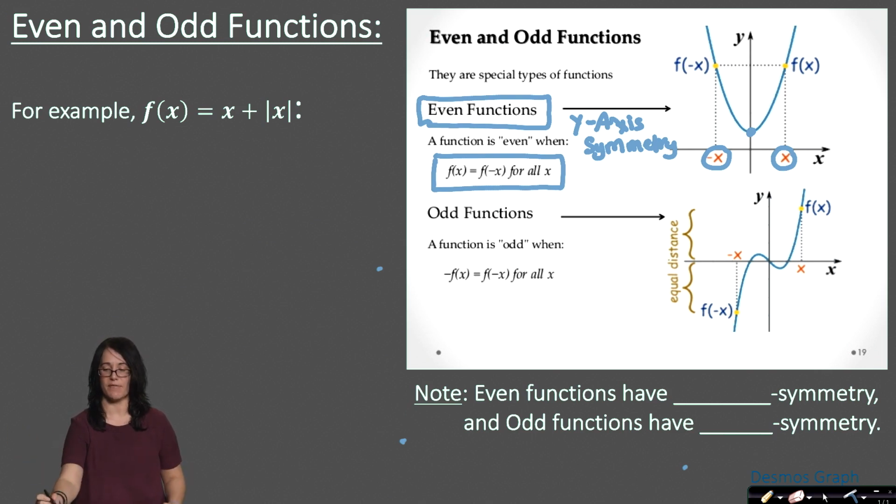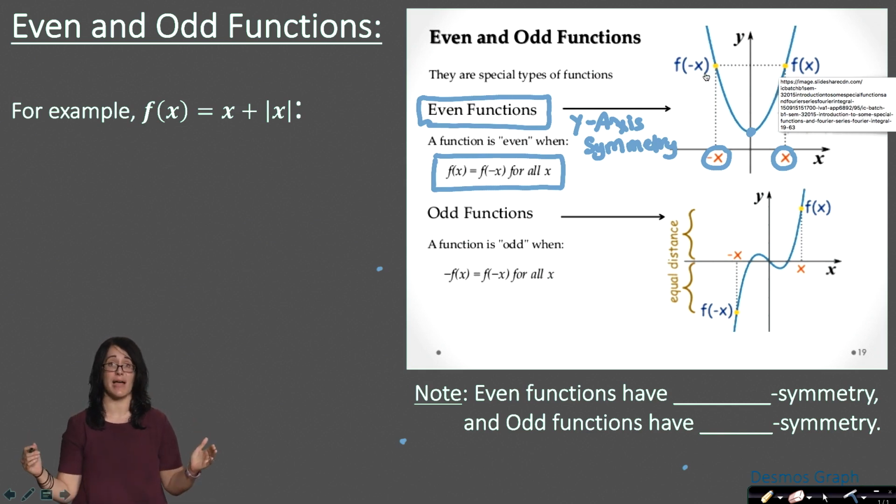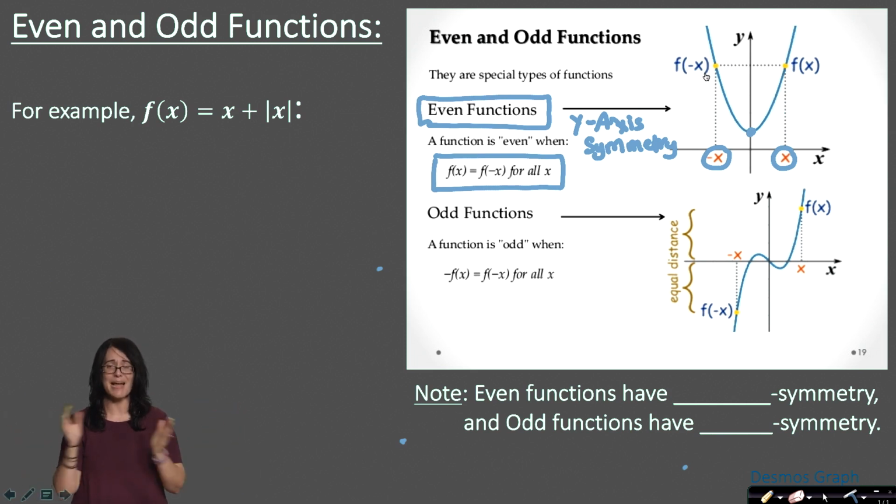So for example, if x was 2 here and we got a y value of, let's say, 4, and then I plugged in negative 2 and I also got a y value of 4, if that's happening for every single x, where you can take its opposite and plug it in and you get the same output, that must be producing a mirror image about the y-axis. And we call that an even function.